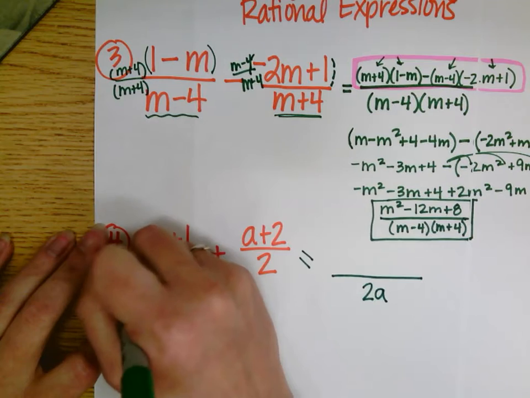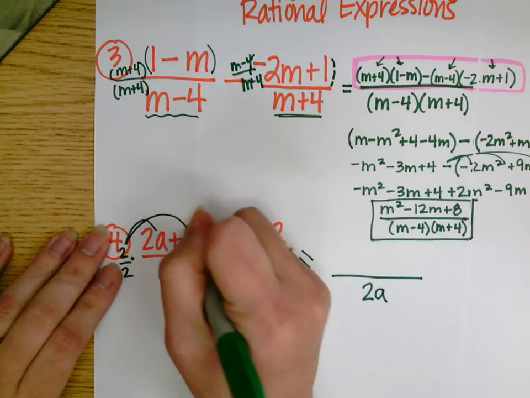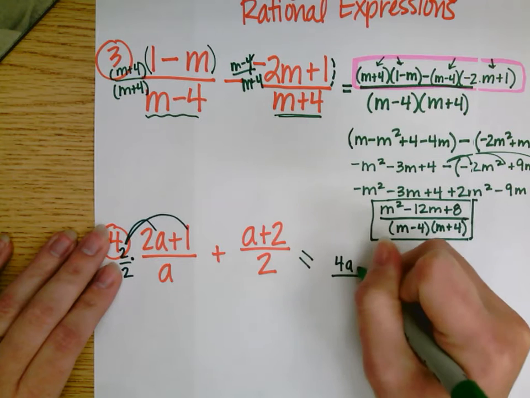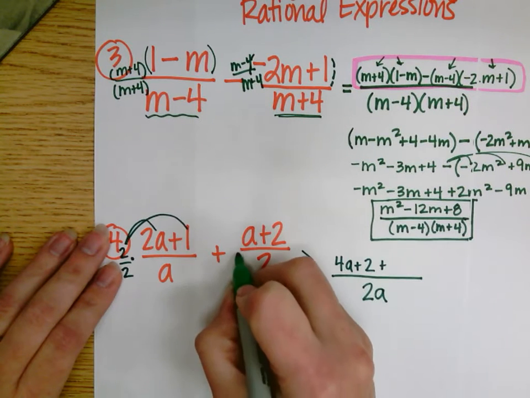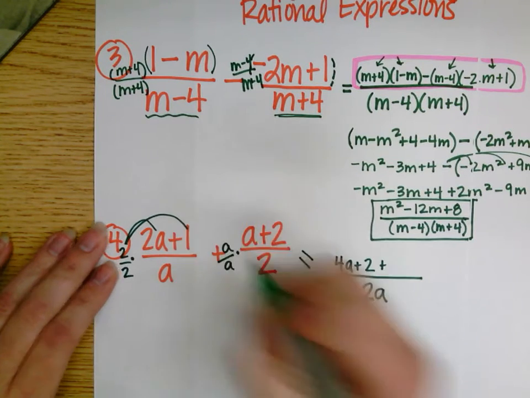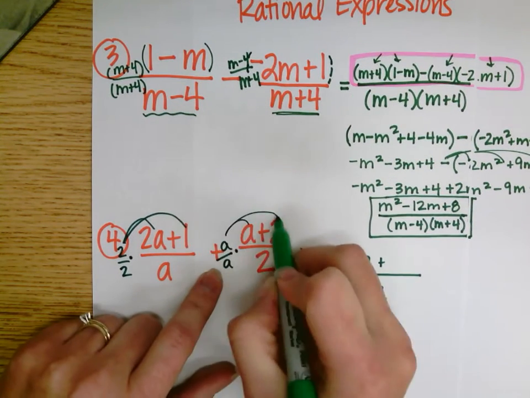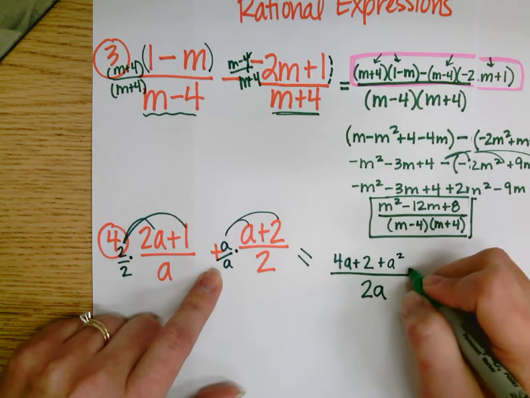So I'm multiplying by 2 over 2, and I distribute that 2, giving 4a plus 2. For this one, I have a 2, I need an a, so I multiply by a over a and distribute this a. So this is a squared plus 2a.